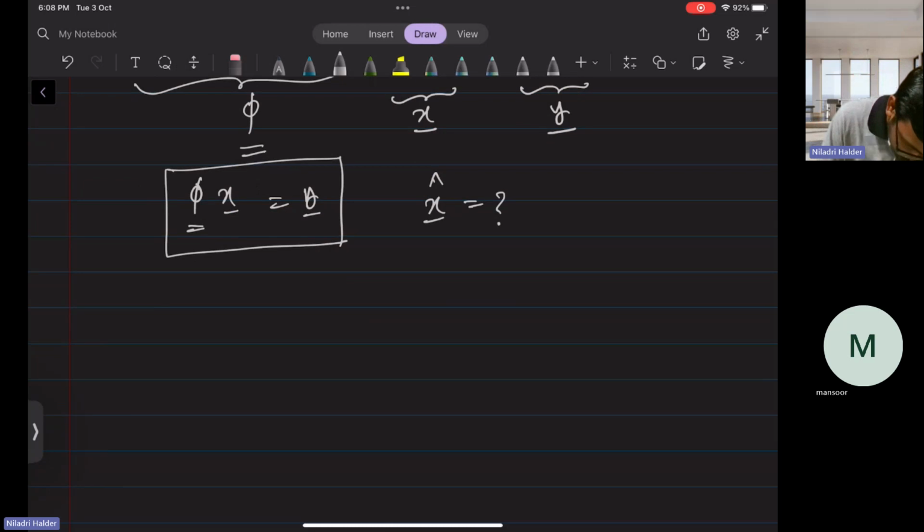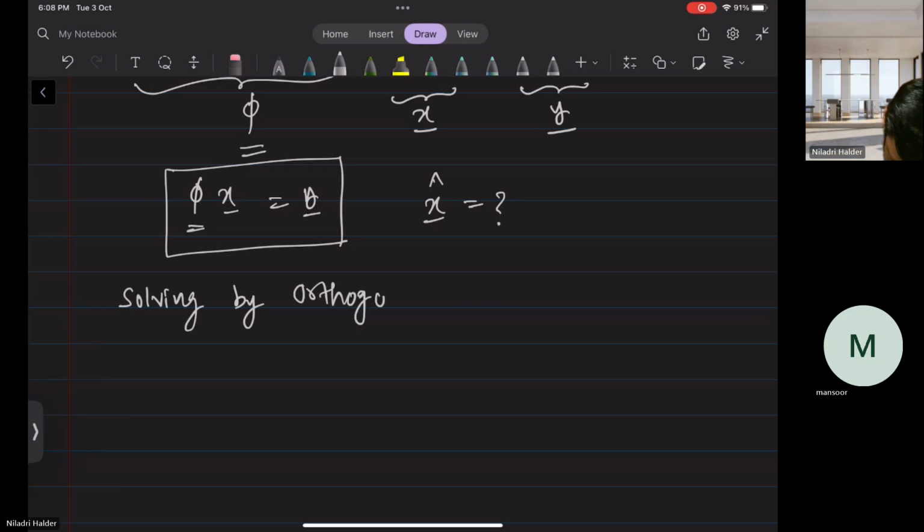Suppose we solve it using the OMP, orthogonal matching pursuit algorithm. This is a greedy algorithm.